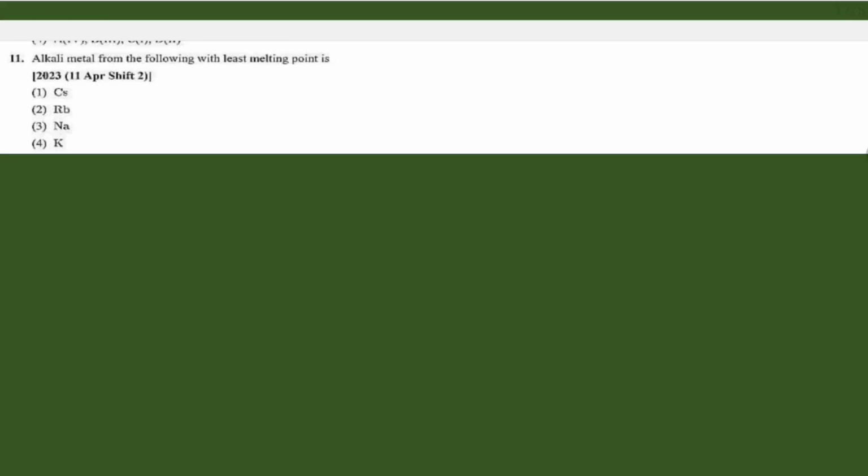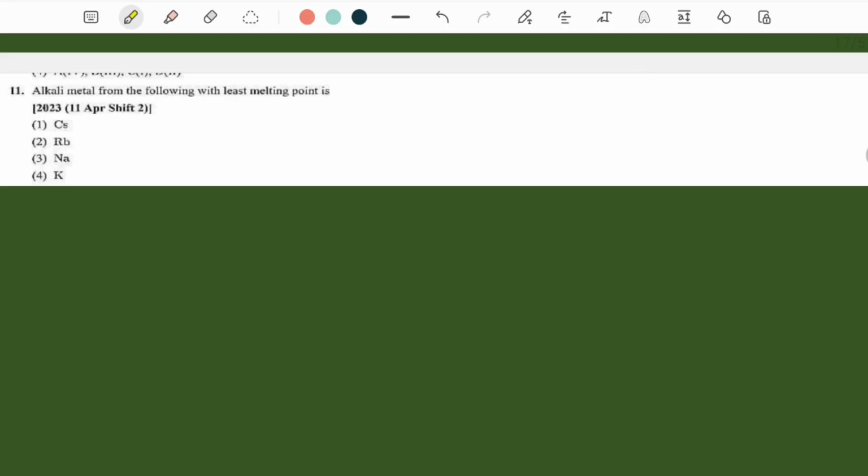Coming to next question. Alkali metals from the following with least melting point: cesium, rubidium, sodium, potassium.